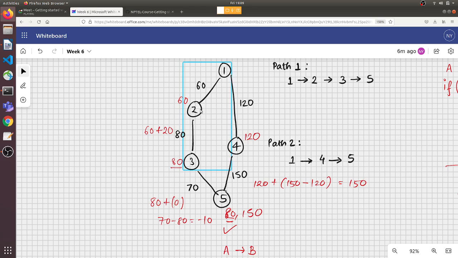Since it's a connected undirected graph, do we have any bound over the number of paths?